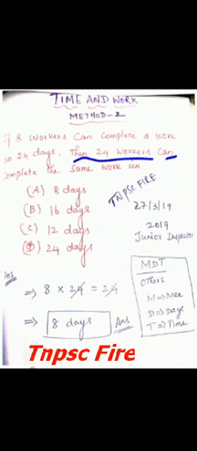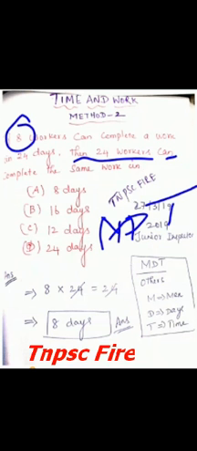I told you, men, days, time you put in the numerator. Here 8 workers, that is 8 men, so you put 8, then the work is 24 days, so 24.